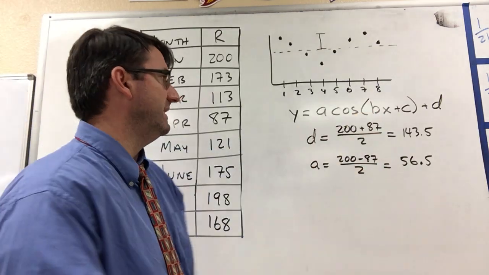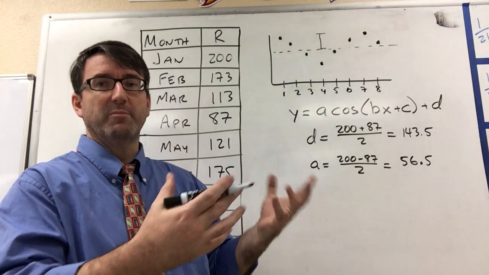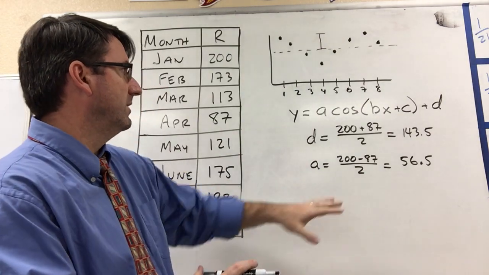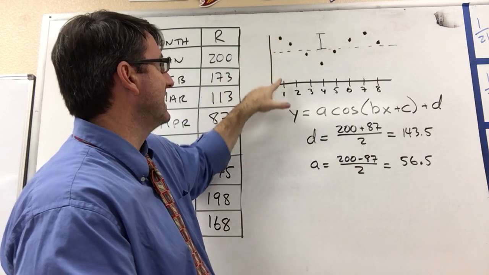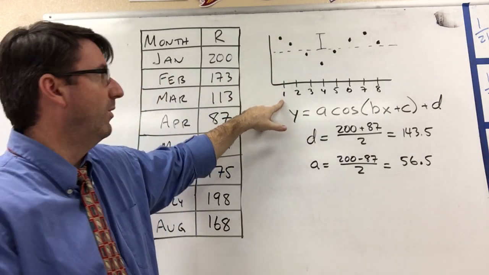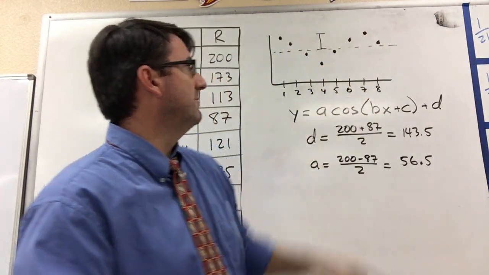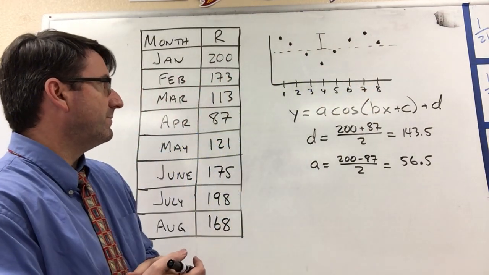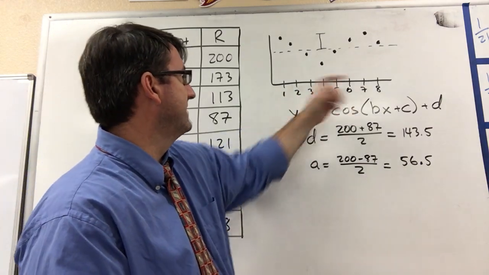Now let's find b. B is going to determine our period. So let's figure out what the period is. Notice that we're at our maximum here in January, which is month 1, and we reach the maximum again in month 7, July. So the period is 6, 7 minus 1.